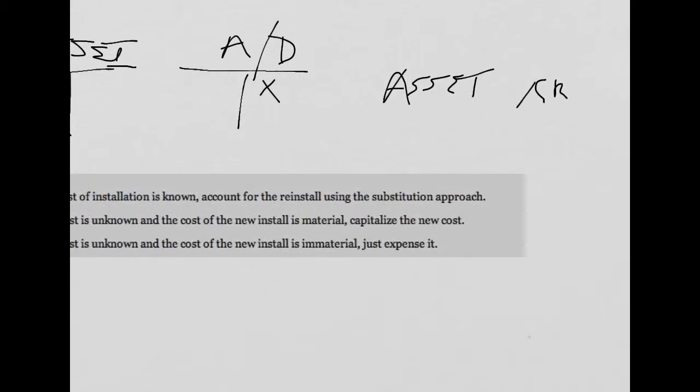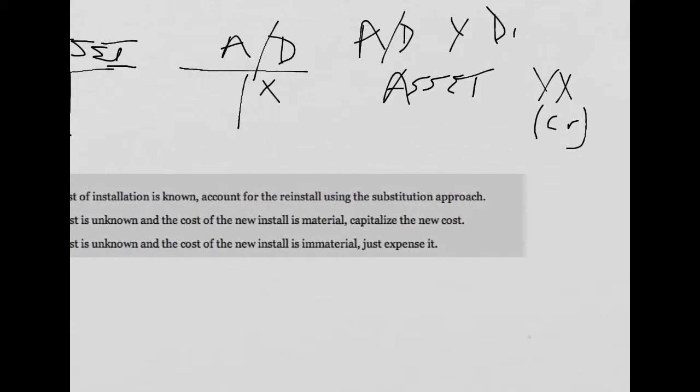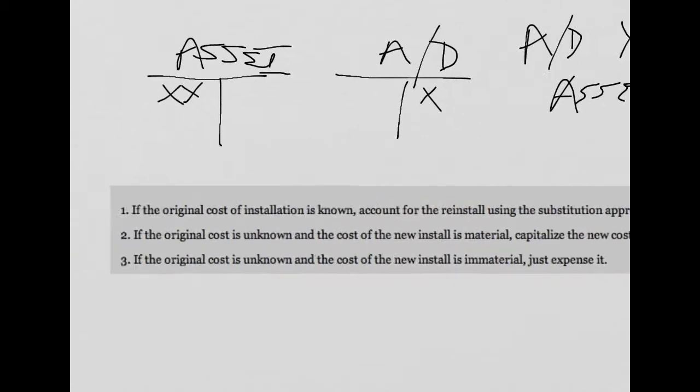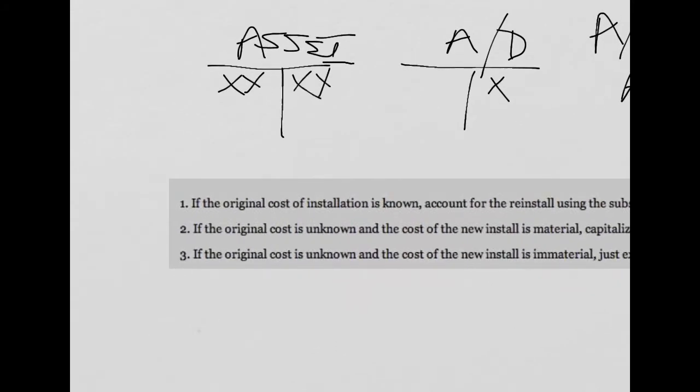Let's do that where it's more legible. So you'll take the XX, and that'll be your credit, and then the accumulated depreciation will be debited for the amount. And the result in your T accounts is that the old asset, which is no longer on the books, is now gone, and the accumulated depreciation associated with it is gone.